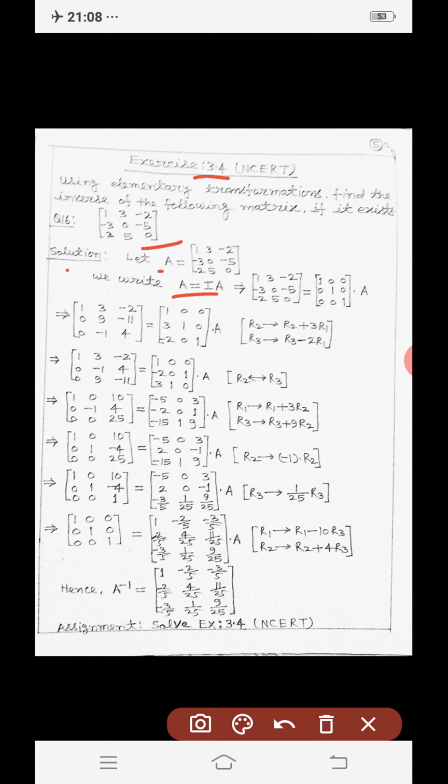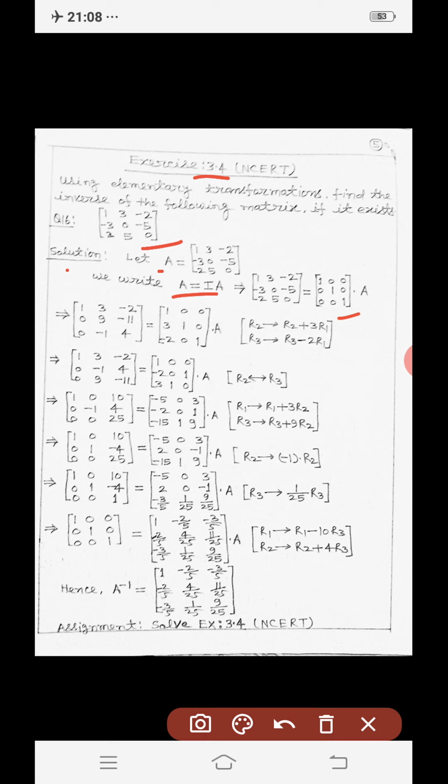So we write A is equal to IA, which implies that 1, 3, -2, -3, 0, -5, 2, 5, 0 is equal to IA, meaning the identity matrix of the same order, 1, 0, 0, 0, 1, 0, 0, 0, 1, into A.